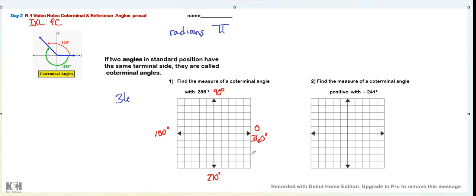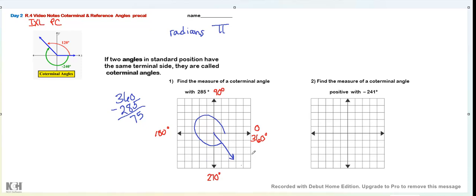If we take the 360-degree complete circle and subtract the 285 degrees, that's going to leave us with 75 degrees. Each quadrant is 90 degrees, and you don't have to be precise, so I'm going to guess that it's somewhere around there. And then I'll draw my angle.